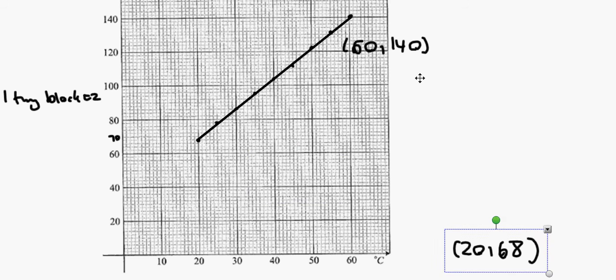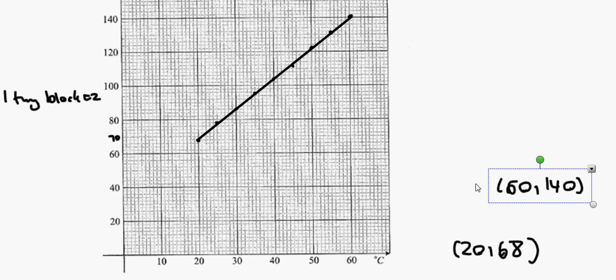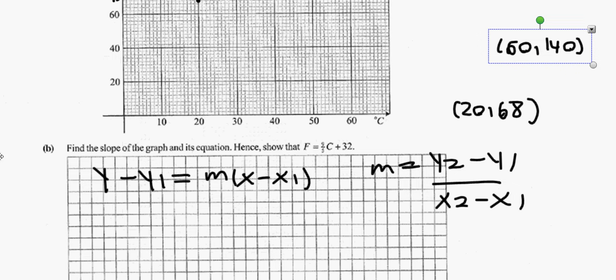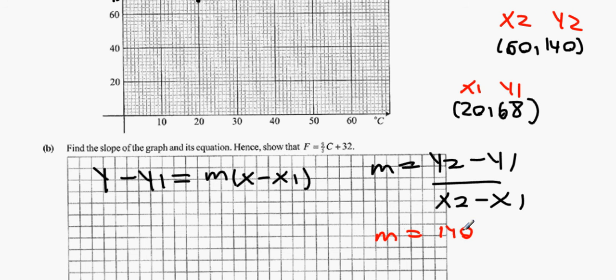So next we're going to label these points. This one's going to be x1 and y1, and this one can be x2 and y2. First of all, we're going to find the slope. The slope is going to be 140 minus 68 divided by x2, which is 60 minus 20.